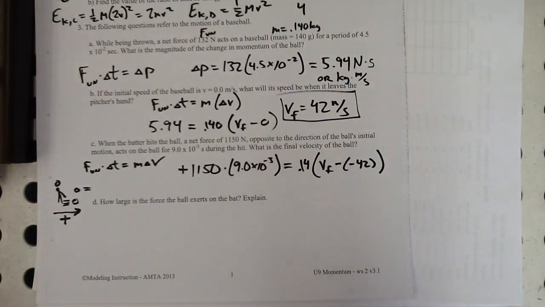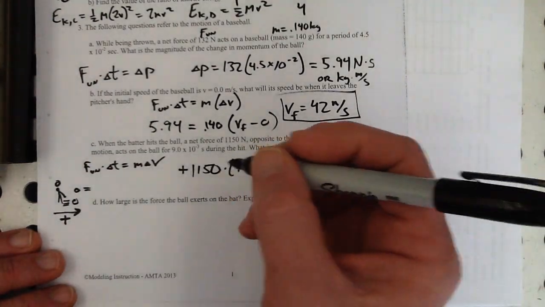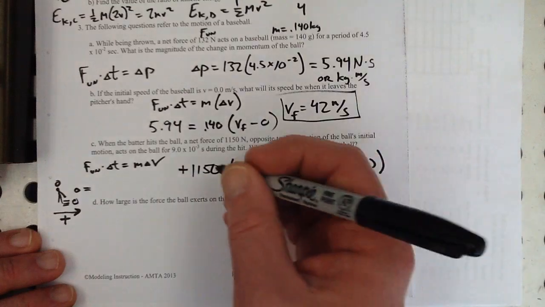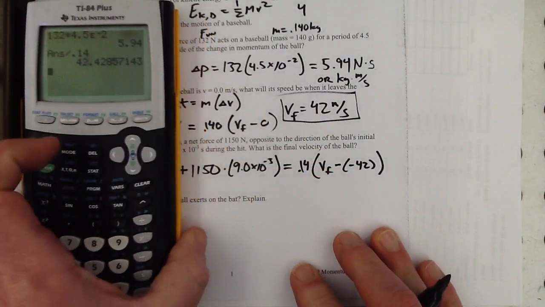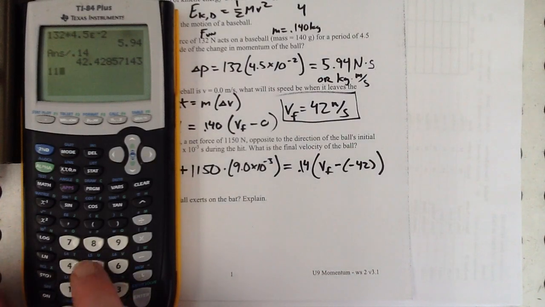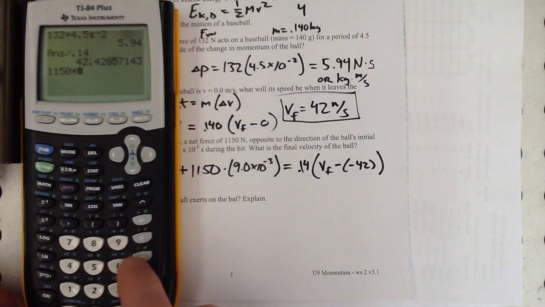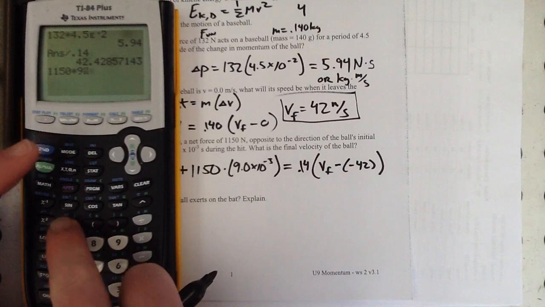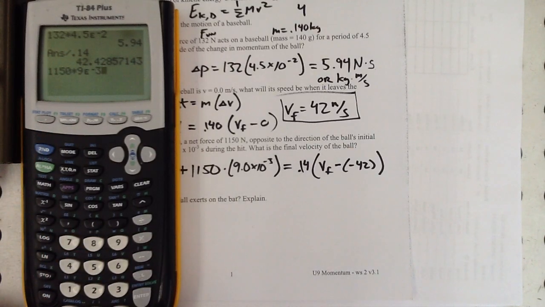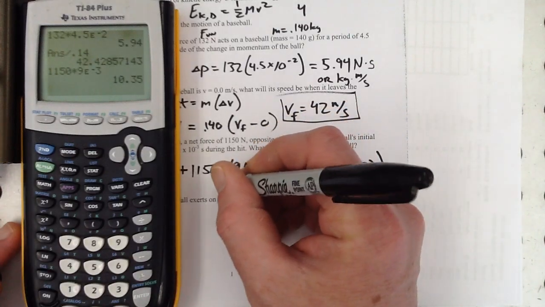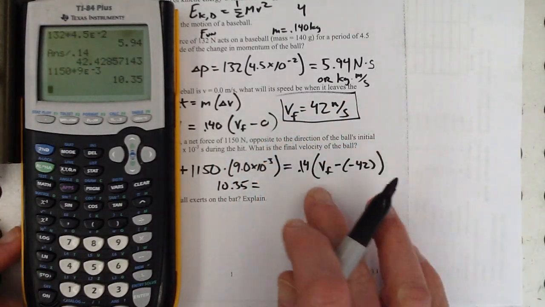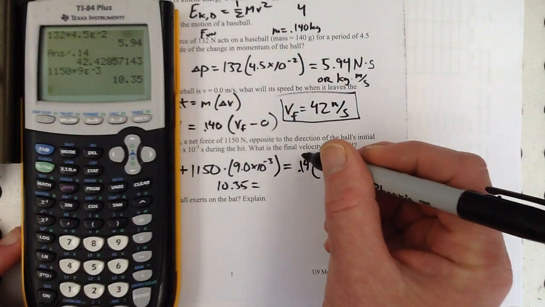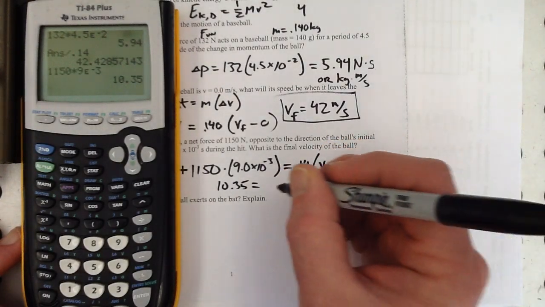All right, so let's see. I think I need to write out another line here. I'm going to go ahead and multiply 1,150 times 9 times 10 to the negative 3. Gives me 10.35 on this side. And then here I'm going to distribute the 0.14.